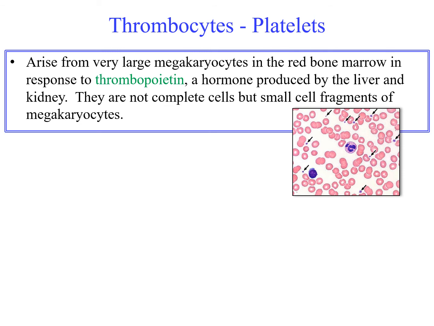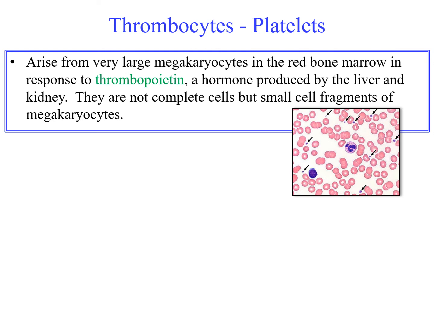Little small fragments of cells are produced within our red bone marrow as a result of those myeloid stem cells differentiating into what are called megakaryocytes. These are big, big cells. Again, go back, check out that flow chart. I think the next slide is going to actually show this.